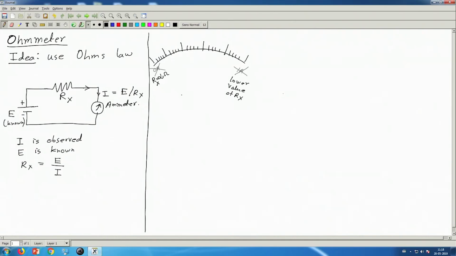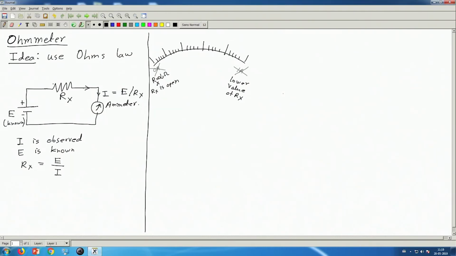So this is how the scale of this meter should look. So this side should have higher value of Rx and this is actually infinite, because that means open circuit, Rx is open.